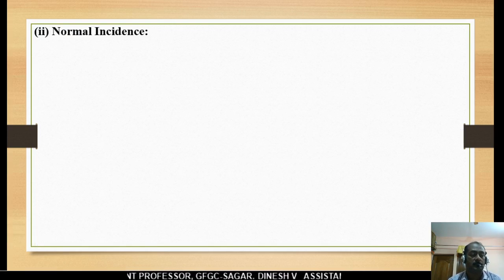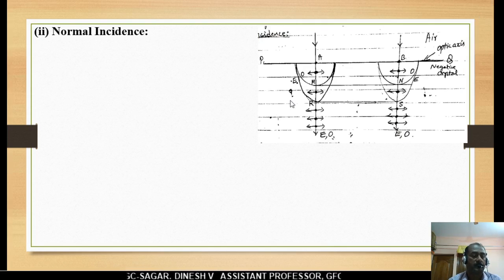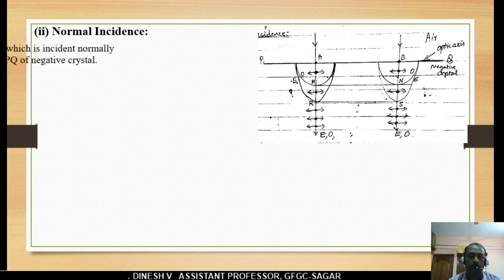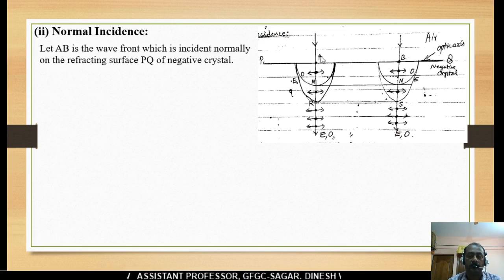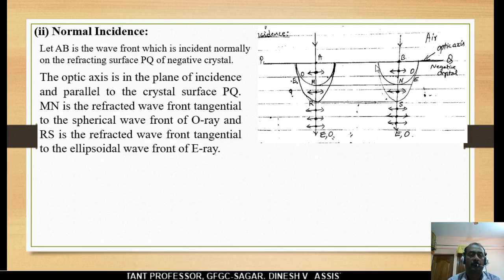Second case, normal incidence. Let AB be the wavefront which is incident normally on the refracting surface PQ of the negative crystal. Here the optic axis is in the plane of incidence and parallel to the crystal surface PQ.